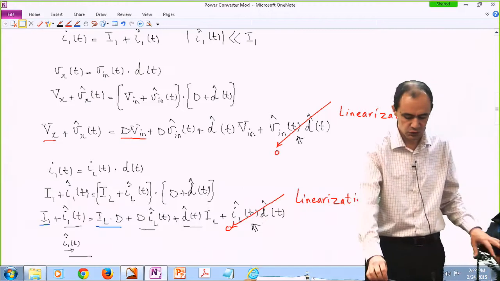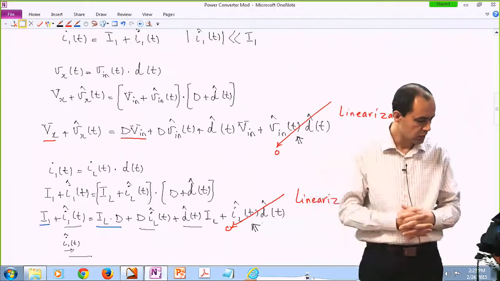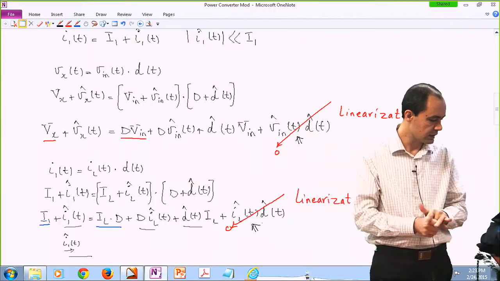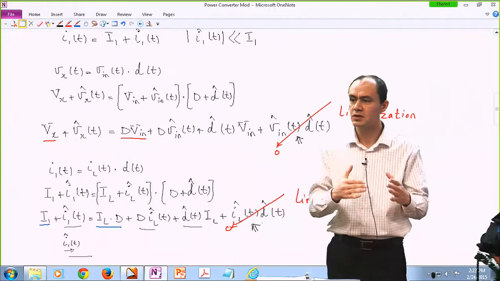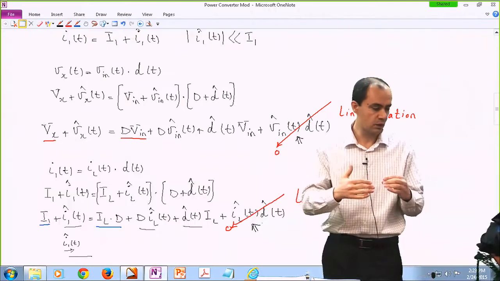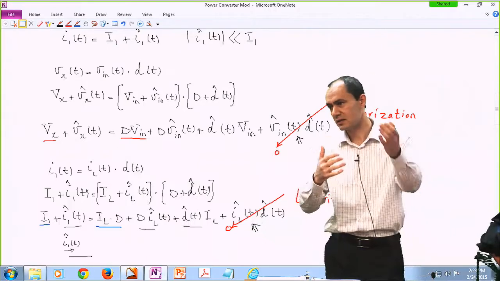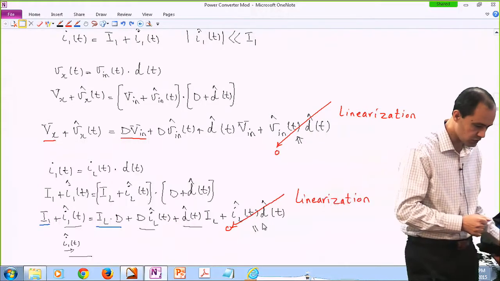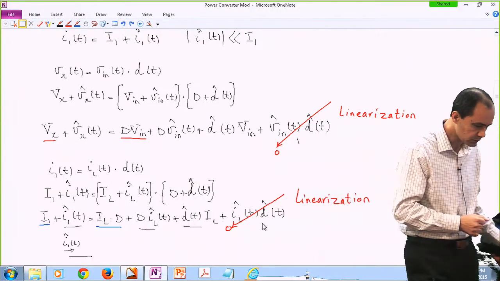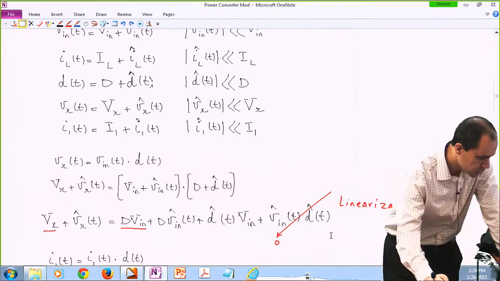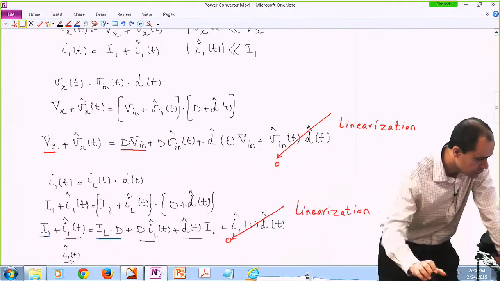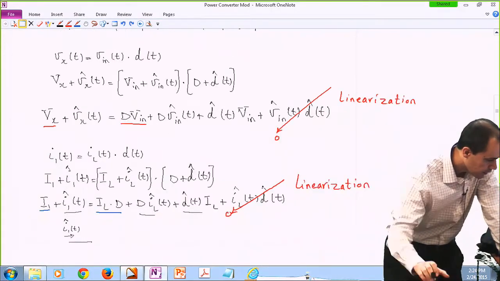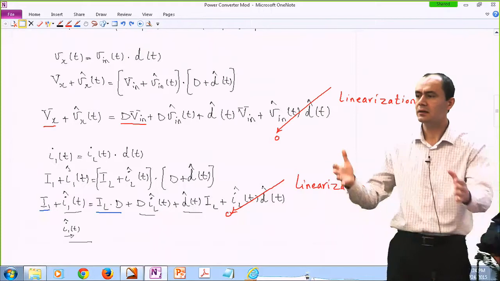Basically, when you have two signals multiplied by each other, you can linearize it by making it in a form where one of them is constant and the other one is multiplied by that one, and the second one is constant and the first one is multiplied by the second one. So that's actually what we are doing over here. All right. So now what I'm going to do, once I have these two equations, and again, I'm taking the DC parts out.